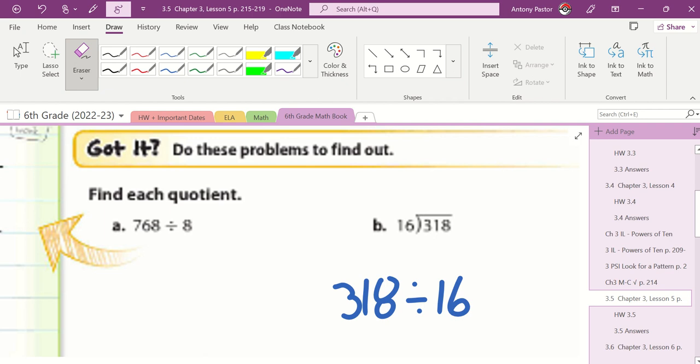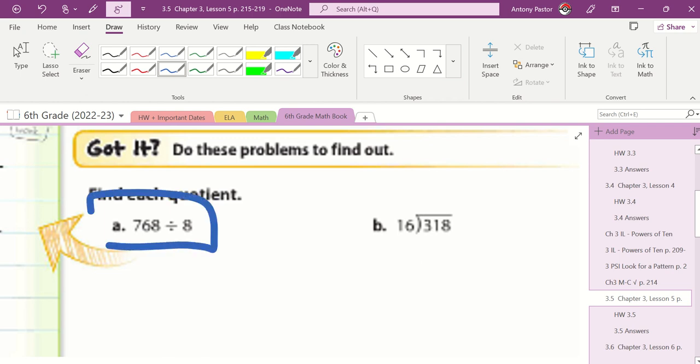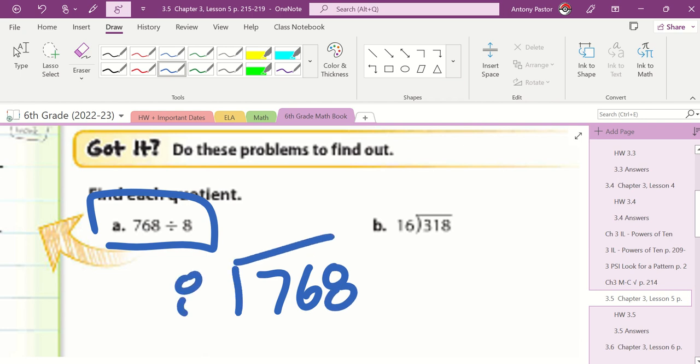There's actually a third version of division, and it's written as a fraction. So for example, let's just use 768 divided by 8. It can be written this way. It can also be written as this, with it in the box with 8 on the outside.